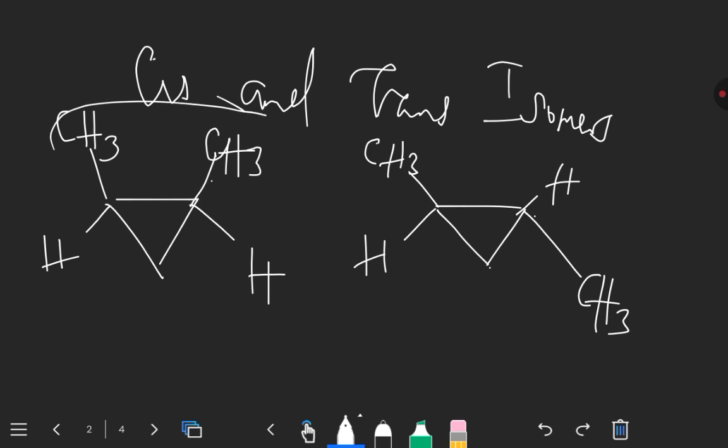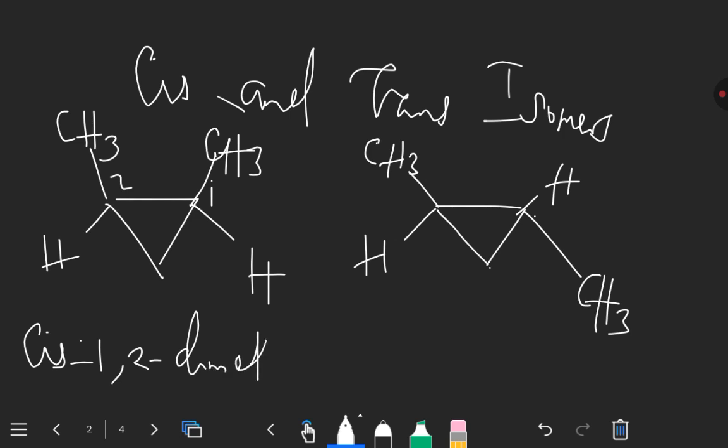This is cis. You can see that the methyl groups are on top, so we call it cis, and you can name this one as carbon number 1, carbon number 2, so it is cis-1,2-dimethylcyclopropane.